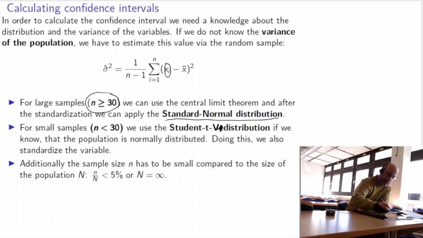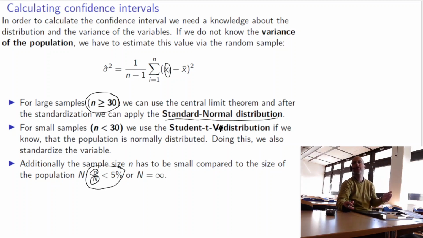And of course, I stated also last week that our sample size, small n, has to be much smaller than the size of the parent distribution. Roughly, if this proportion is less than 5%, then we can approximately assume that we can use the normal distribution.